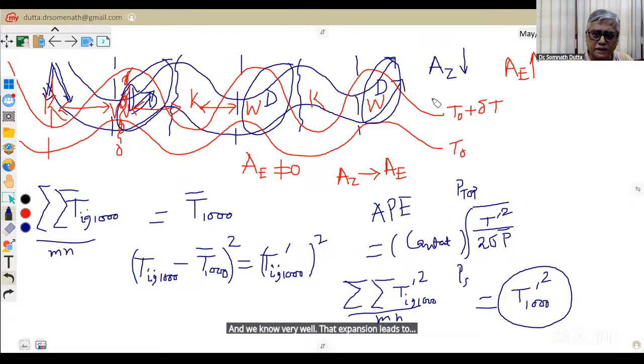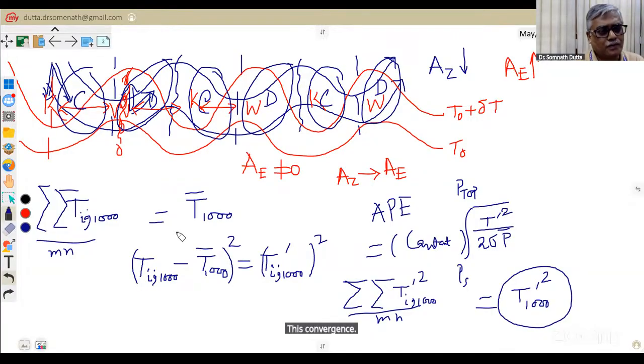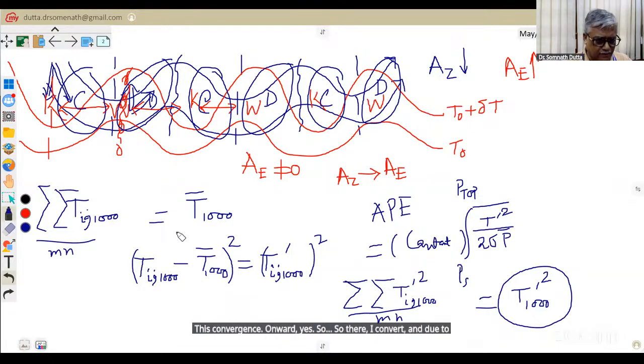And there is convergence, and convergence leads to compression, and due to compression, heating takes place.